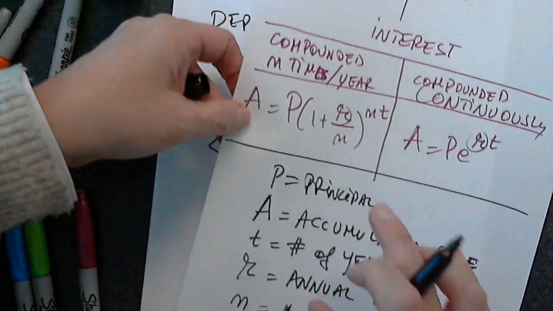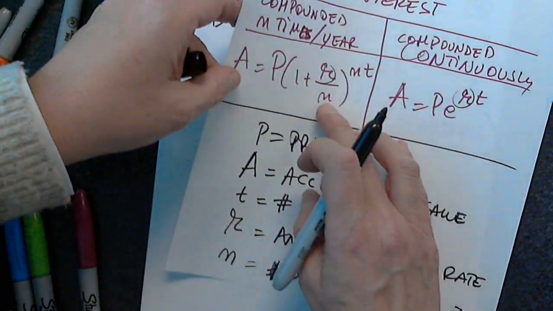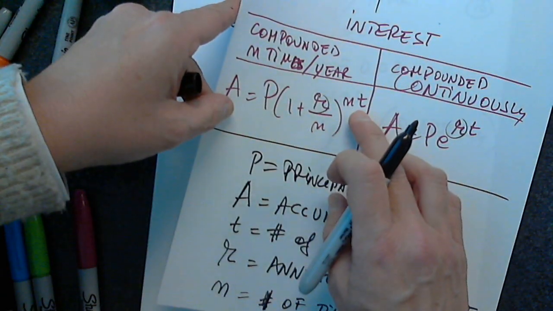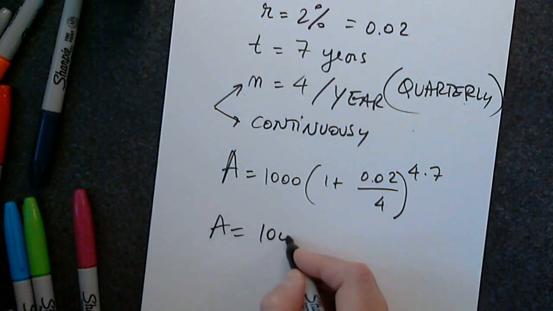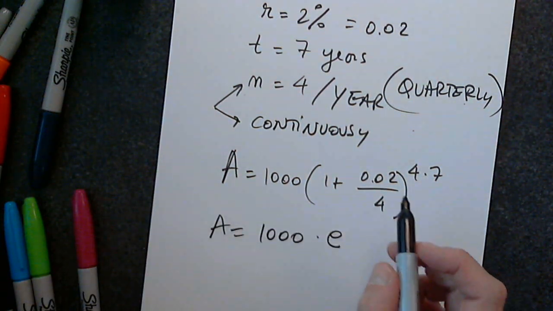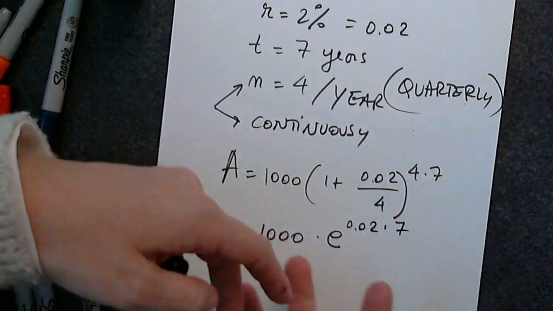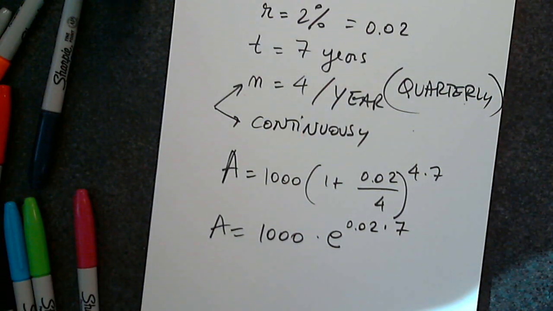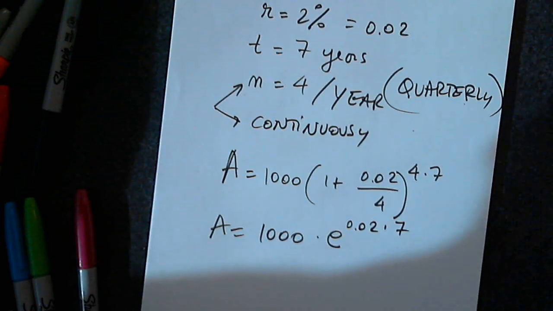Principal, 1,000, 1 plus the interest rate 0.02, number of times the interest is compounded per year, and then 4 times 7. The other formula will be for continuously times e raised to 0.02 multiplied by 7. No one can do this without a calculator. So let's determine those two amounts with a graphing calculator. And these are the compound interest formulas. So let's take a look.